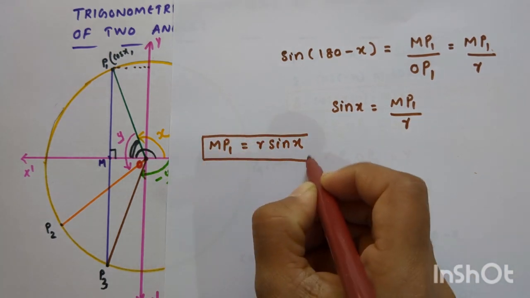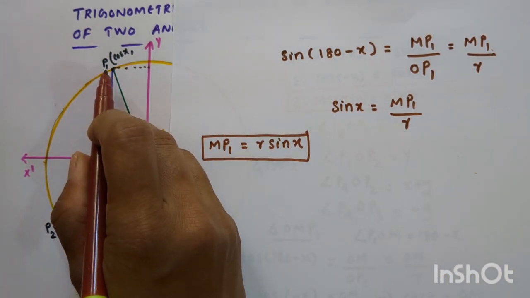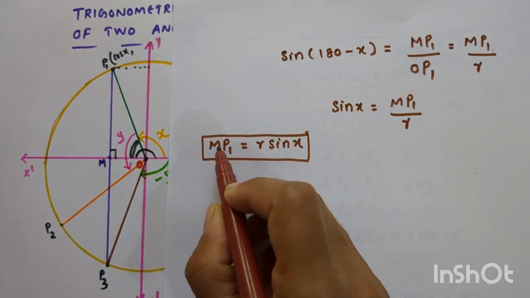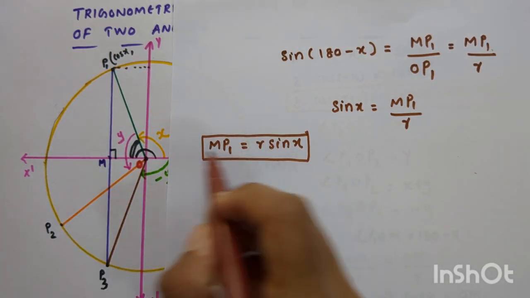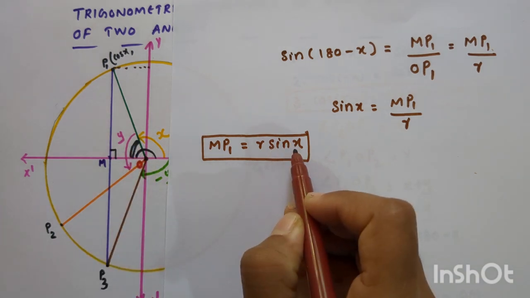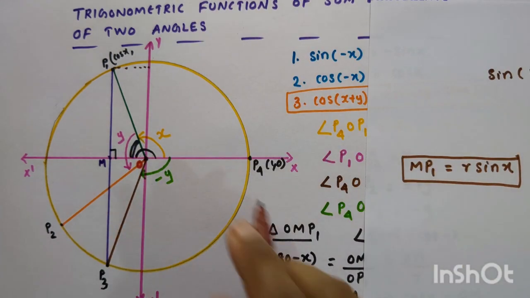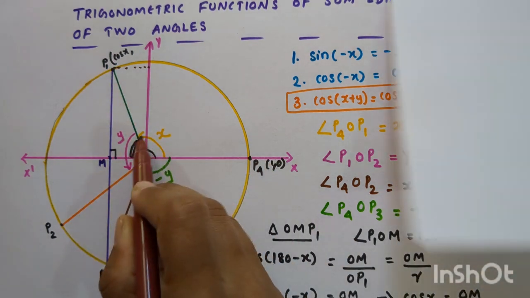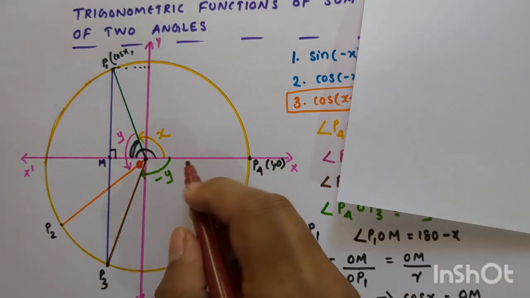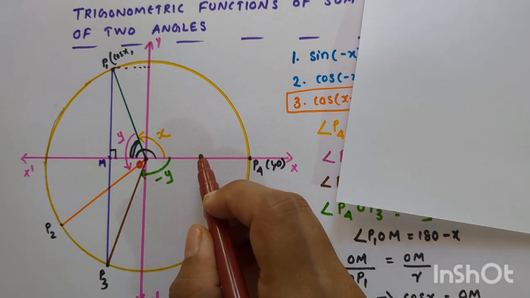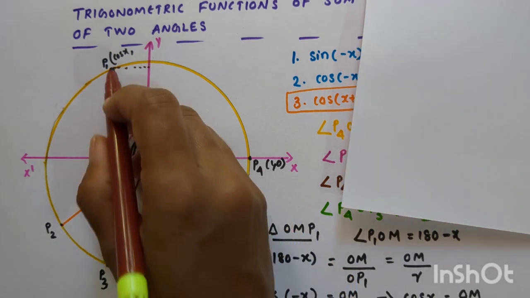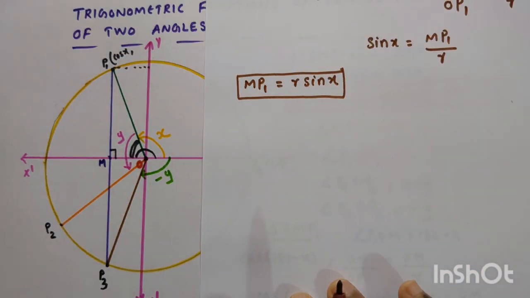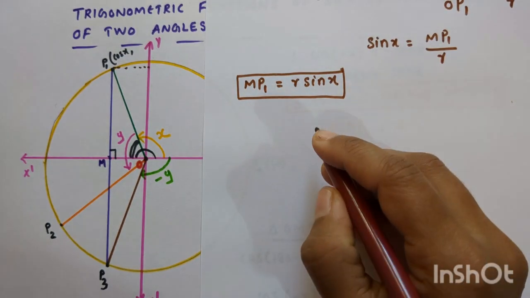So the y coordinate of this point is the radius times the sine of angle x, the angle made by this point with the positive direction of the x-axis. In general, MP1 is equal to R sine x.